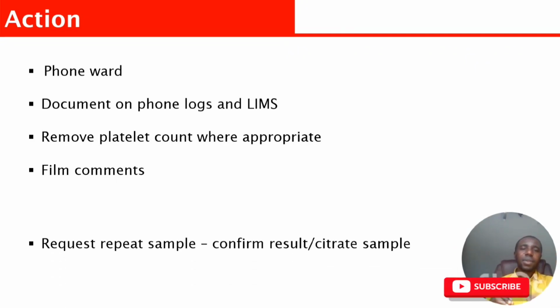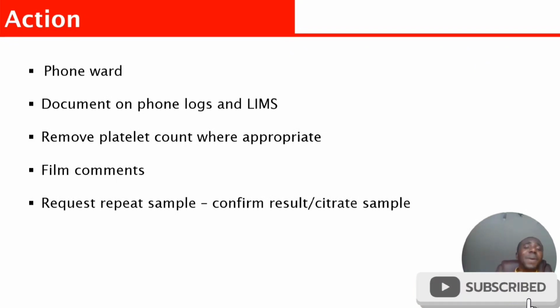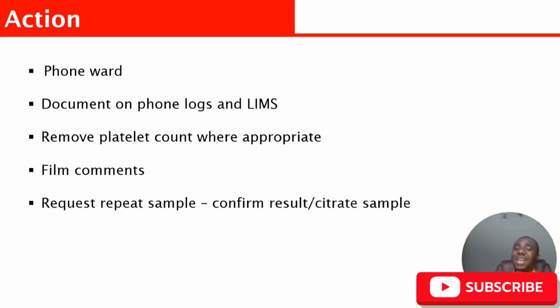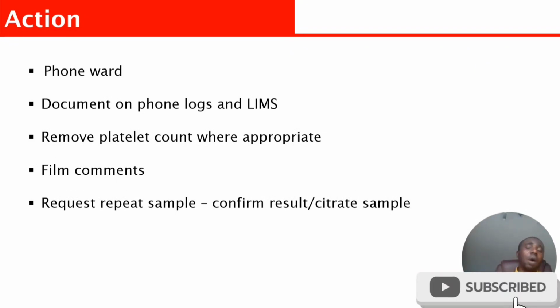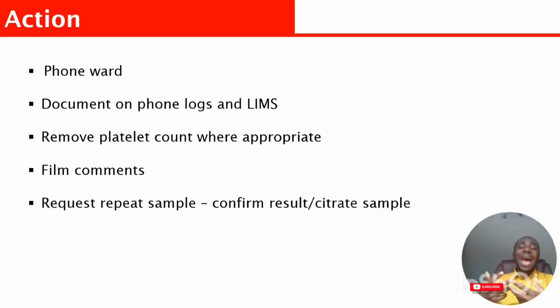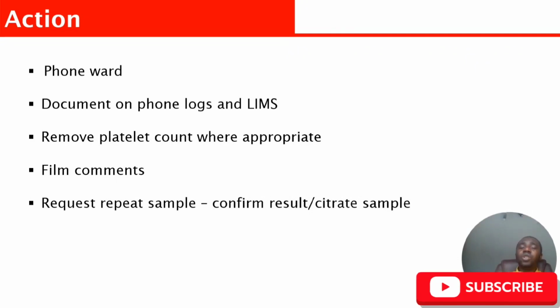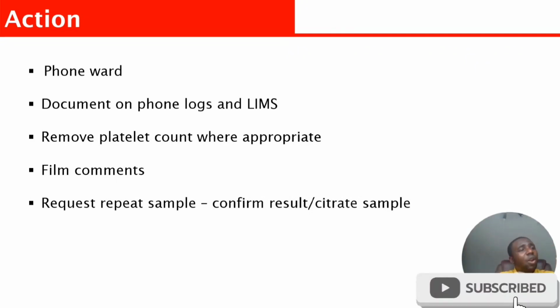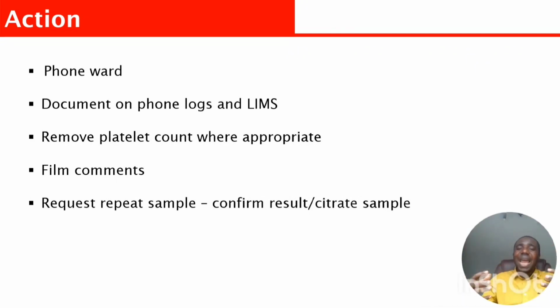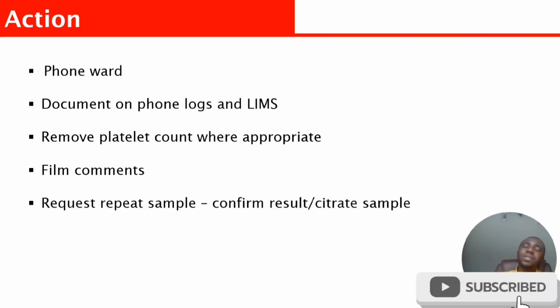Now, you request a repeat of the sample where possible. For example, in a case of platelet clumping, you can ask for a repeat and ask them to send you a citrated sample, along with the EDTA. You can run the EDTA and also run the citrated sample, and at the end, you take the platelet count from the citrated sample.